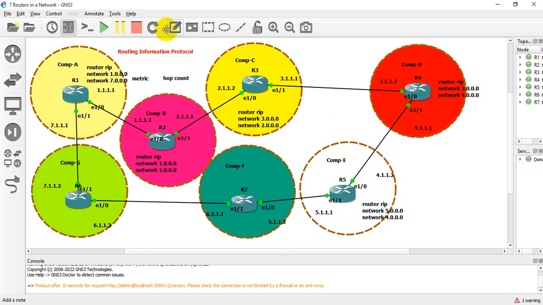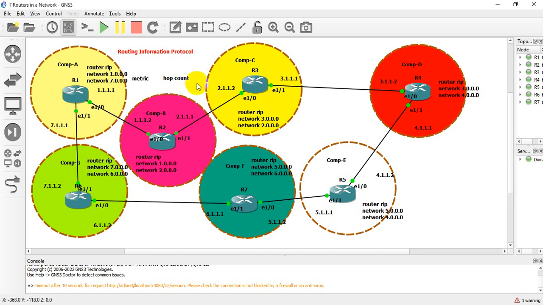And if you configure rip on company F, write here the connected networks 5 and 6. So 5 is already written, and write 6. And if you want to configure routing information protocol on company G, write here router rip, connected networks 6 and 7. So 6 and 7. So the rip would be configured.